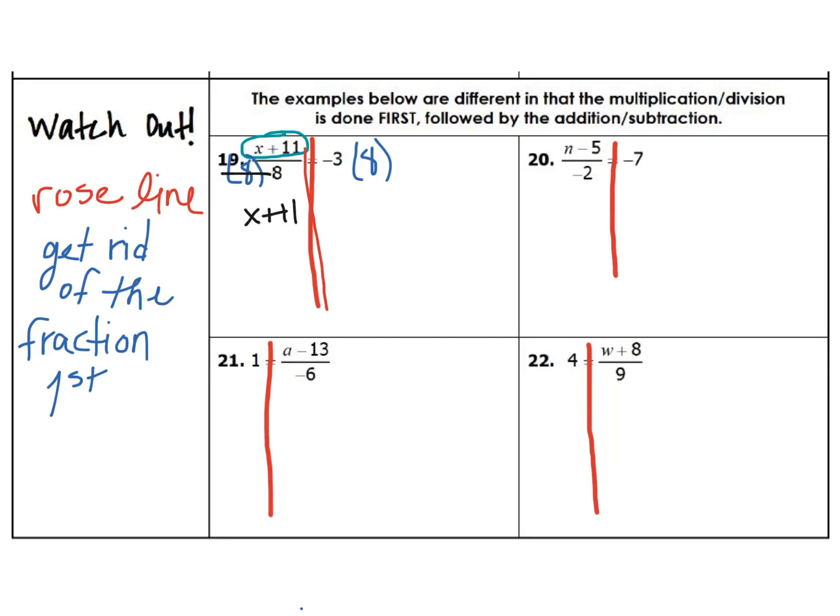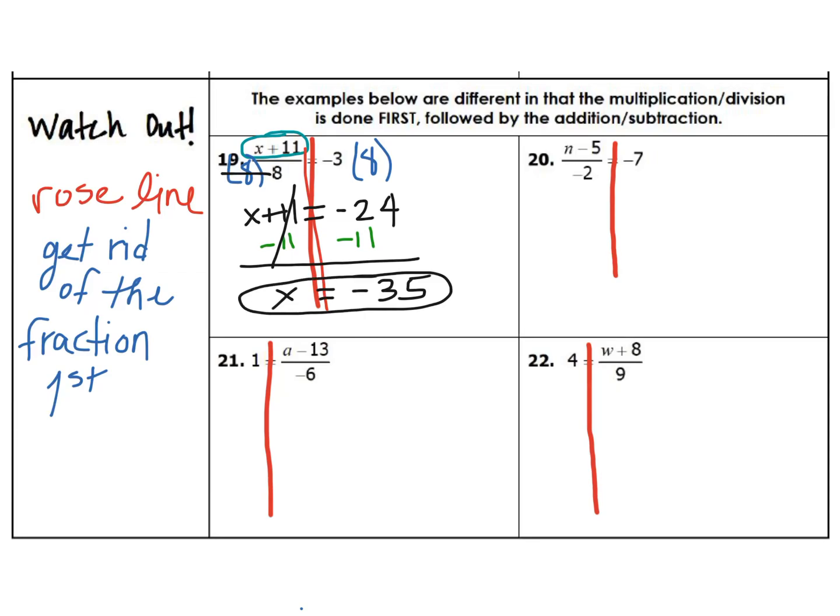And now when I bring it down, I have x plus 11 equals negative 24. And at this point, it's very easy to go ahead and use my inverse operation. The inverse of plus 11 is minus 11, to cancel that out and get my variable term on its own. All right.